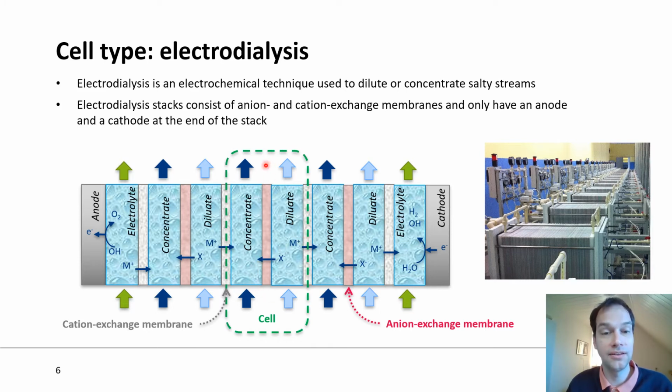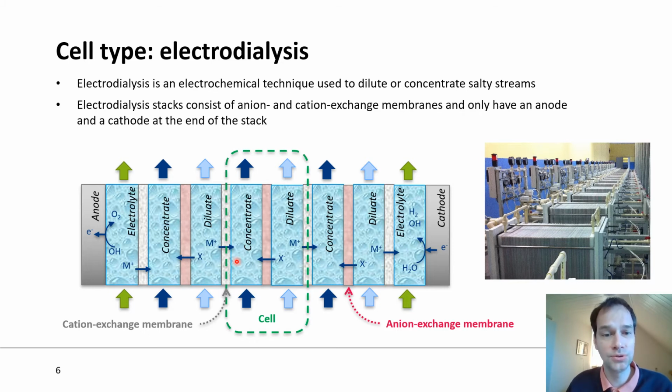An anionic exchange membrane, which allows the transport of anions, and a cationic exchange membrane that allows the transport of cations. The electrodes are only positioned at the end of the stack, and they basically make sure that you get the potential gradient you need to have the driving force for the anions and cations to go through the membrane.